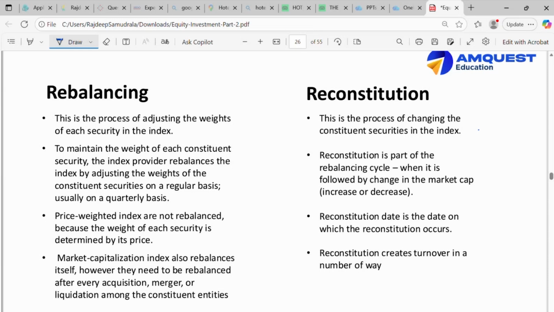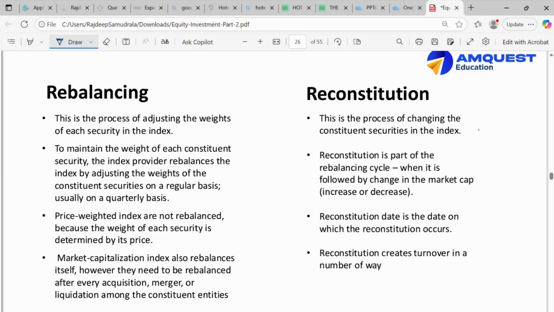Obviously, once you decide what portfolio value you want to go with, what's the construction price, is it market cap, once you decide all that, you can then start the process of rebalancing and reconstituting a portfolio. Now, what is rebalancing? Rebalancing essentially means where you adjust the weights of the securities. Let's say one security is very highly valued or has a high weightage, 25%.